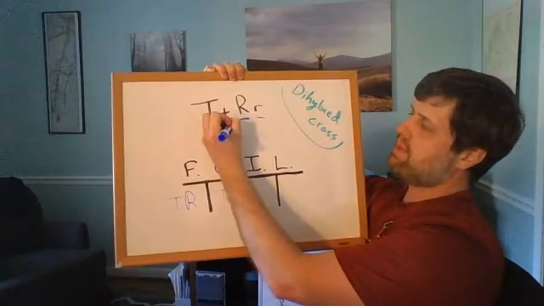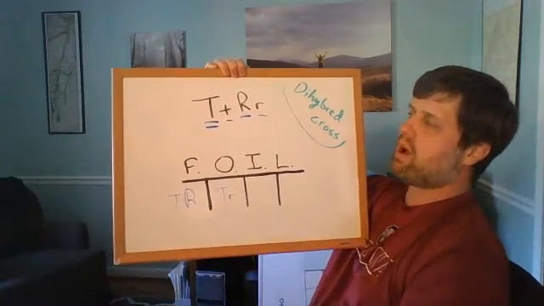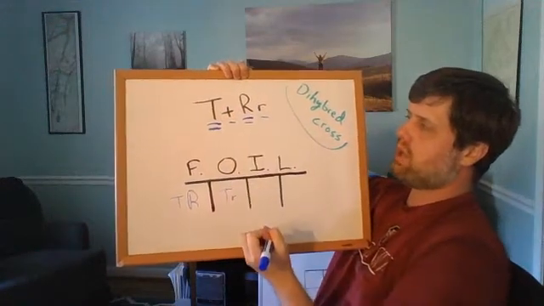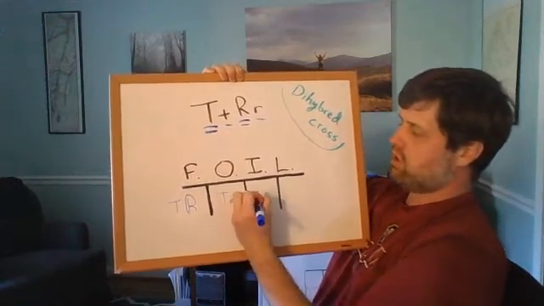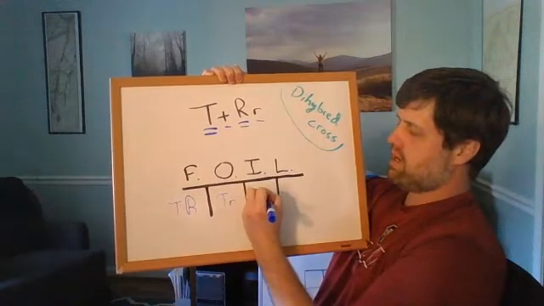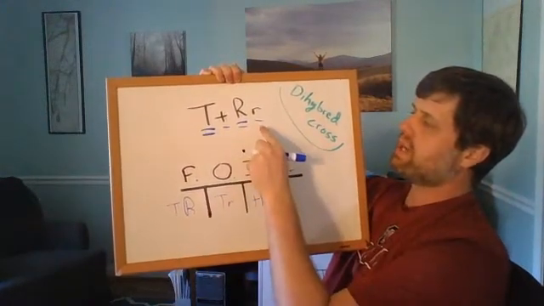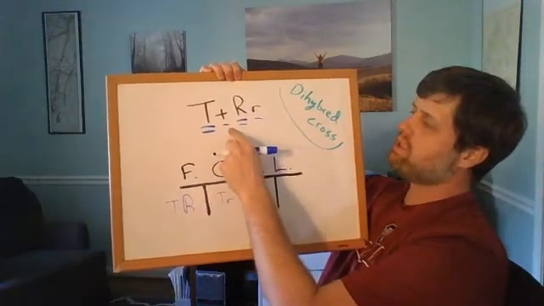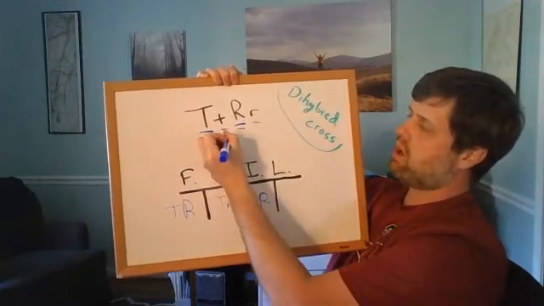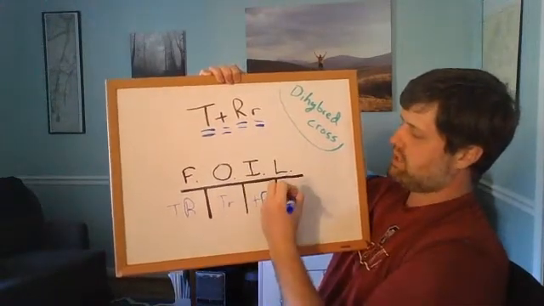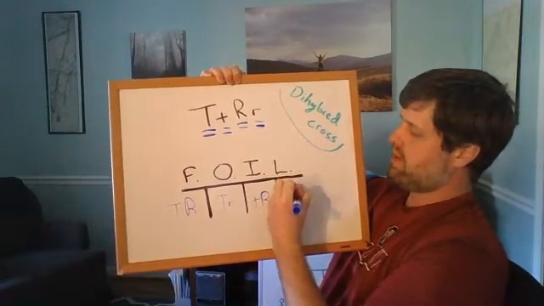This little t can't be neglected. It can also bond with the other 2 r's. So it could bond first with this capital R, that's the inner 2, little t, big R. And then we don't want to forget the last possibility. That little t could also bond with the little r. So little t, little r. That's our last 2 possibility.